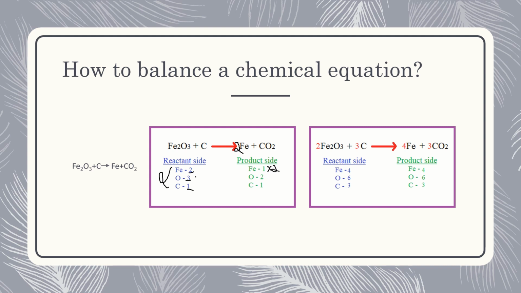Next we go to oxygen. If we have 3 and 2, we multiply this by 2 and this by 3, it would be 6. In order to get 6 on the reactant side we have 3, so we need to multiply it by 2 and put 2 in here.